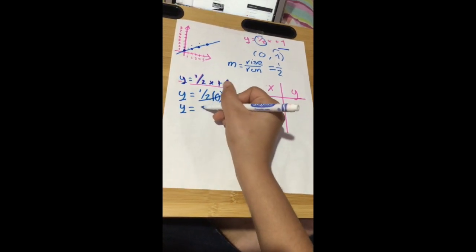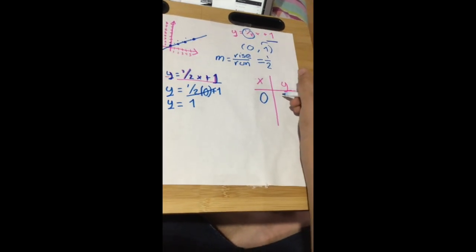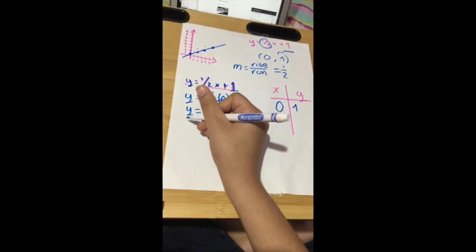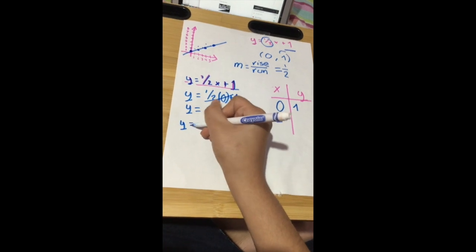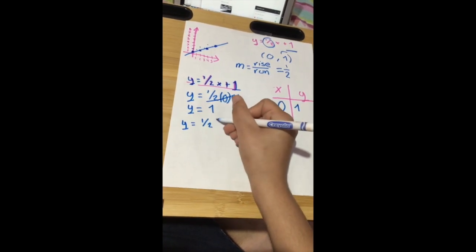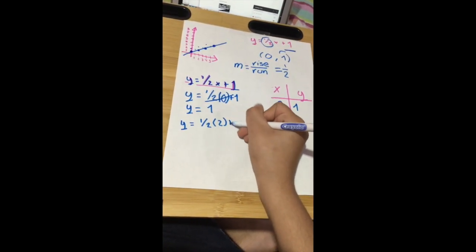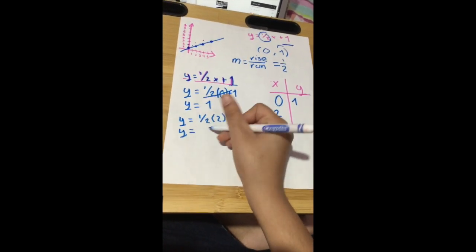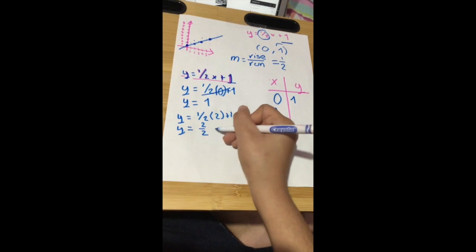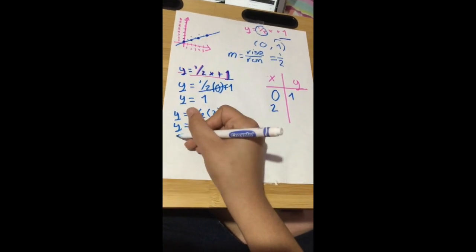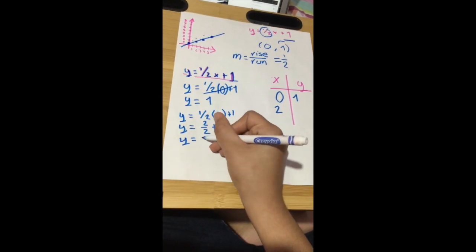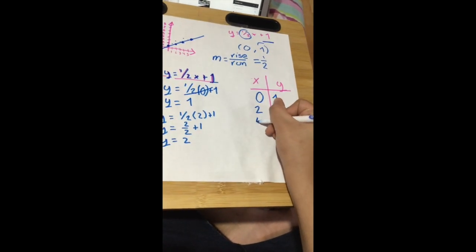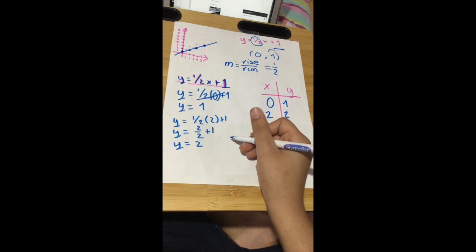After that, you're going to get a response, which is your y. If you want to check if your points are correct, you just keep doing that, which is changing the x. You can use numbers of your choice, or if you already have the graph, you can just do the ones where you put the points to make sure you're correct.